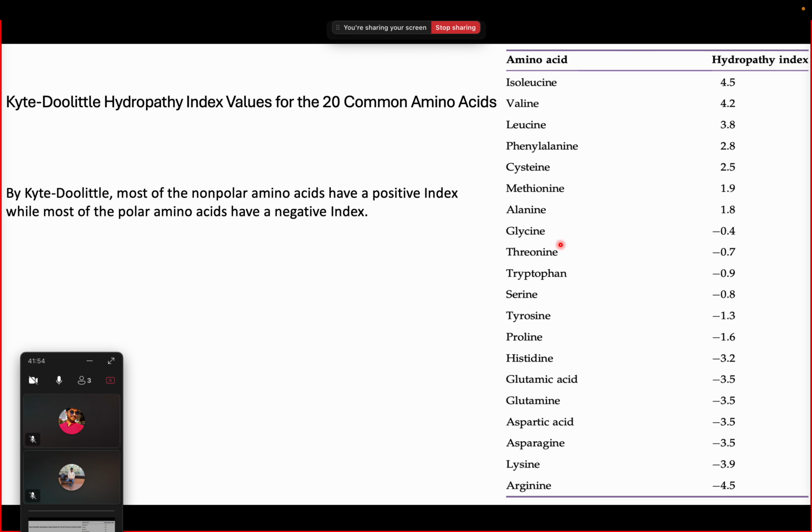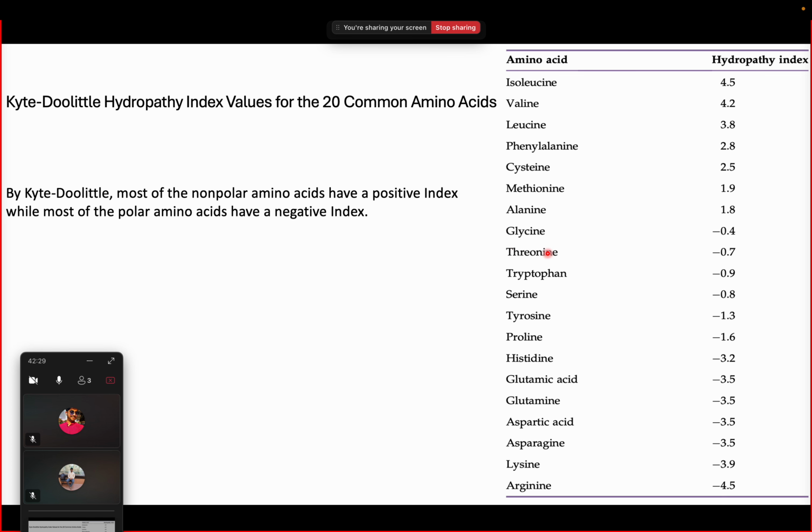While glycine, threonine, tryptophan, serine, tyrosine, proline, histidine, glutamic acid, glutamine, aspartic acid, asparagine, lysine and arginine are the ones which are hydrophilic in nature, because the values associated with them in the hydropathy index are negative. From this we can get an idea that in a protein sequence, we may see a stretch of such residues.